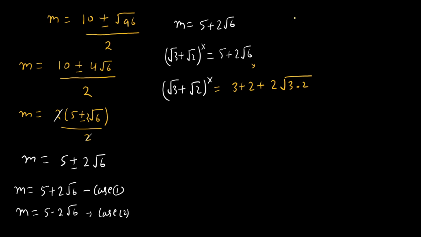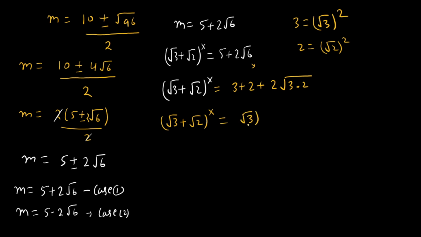And we know that 3 is the same as (√3)² and 2 is the same as (√2)². Now in the left-hand side, (√3 + √2)^x is equal to, this 3 is replaced by (√3)² plus, and this 2 is (√2)² plus 2 times.